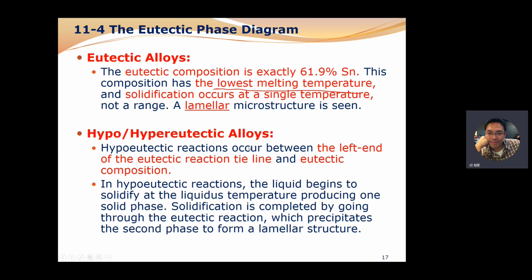Okay, so next I'm going to introduce what the hypoeutectic and hypereutectic alloys are. Hypoeutectic reactions occur between the left end of the eutectic reaction timeline and the eutectic composition.